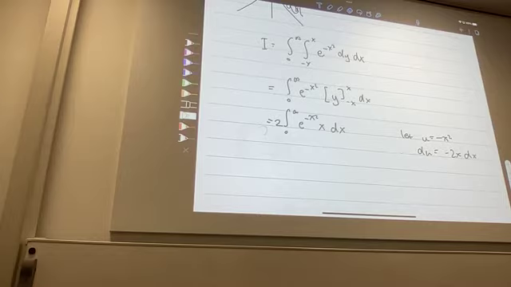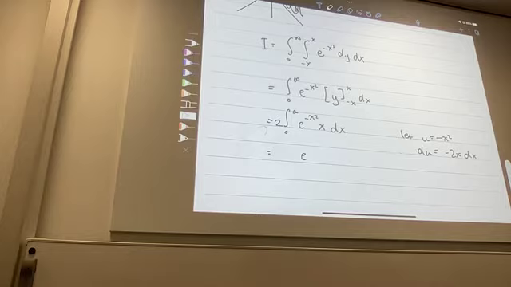So the integral is e to the power of minus x squared with the minus in front, because you multiplied it twice. It doesn't matter where the 2 is. So it's minus e to the power of minus x squared. That should be the integral.